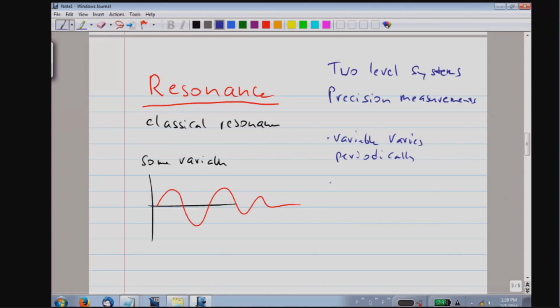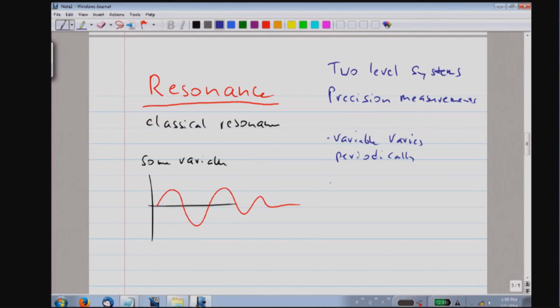you have a resonance. Of course, the periodic variation usually requires that you drive the system. So you first drive it, and then the system oscillates.